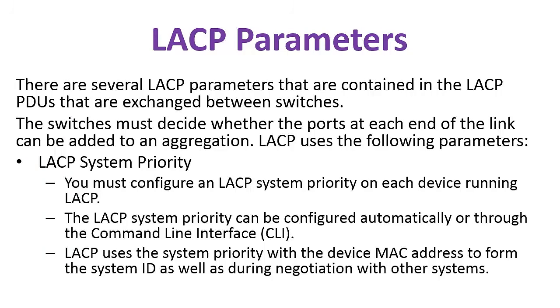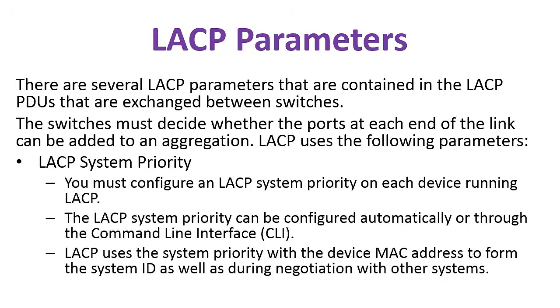There is specifically the LACP system priority, and you must configure this priority on each device running LACP. It can be configured automatically or through the command line interface, and it uses the system priority with the device MAC address to form the system ID, as well as during negotiation with other systems.